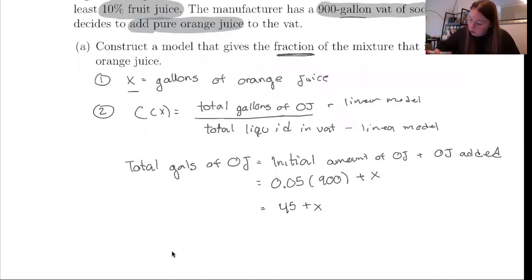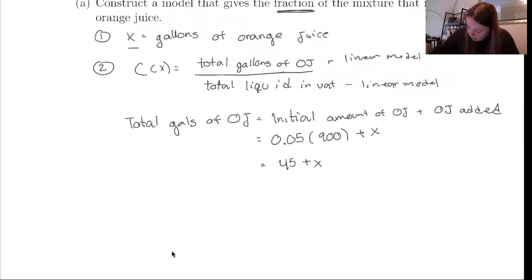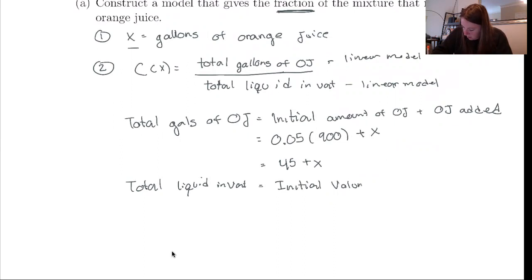Okay. Total liquid in the vat is also going to be a linear model, right? That's going to be my initial volume plus I'm only adding OJ, so it's going to be plus the OJ added. Okay.